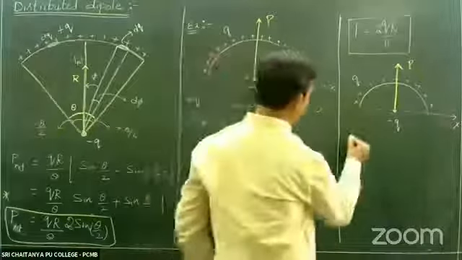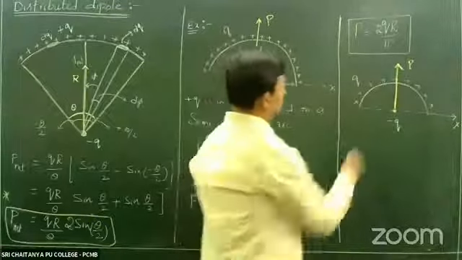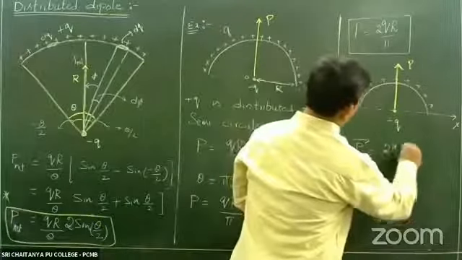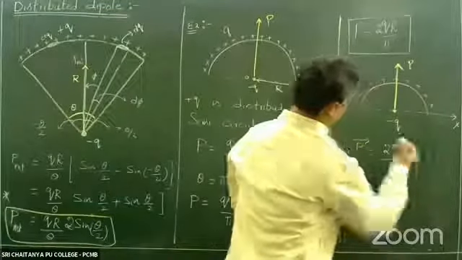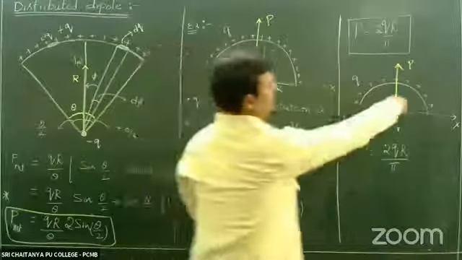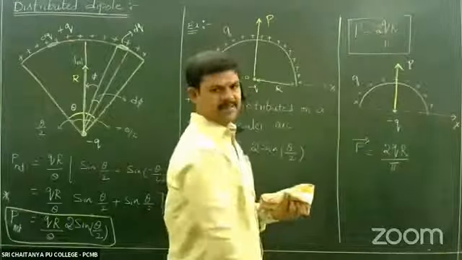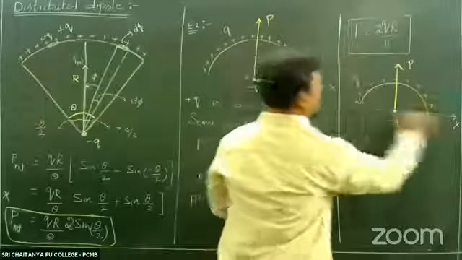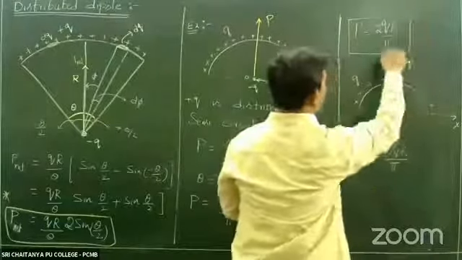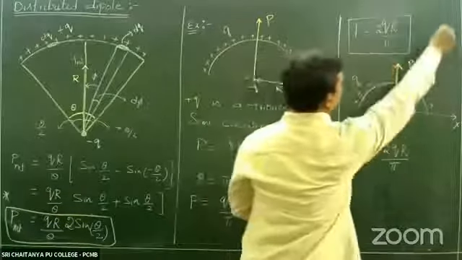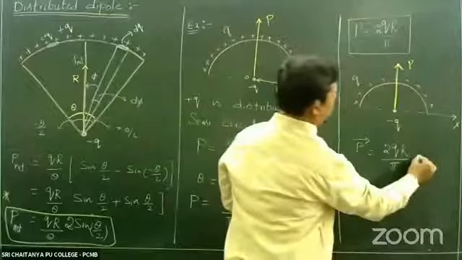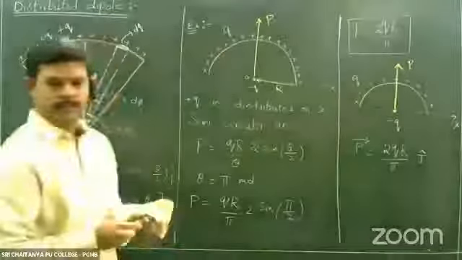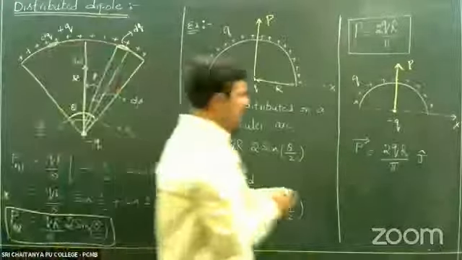So how can we write it in vector form? 2qr by pi along positive y-axis. If you take this as x and this axis as y, it is along the positive y-axis, right? Positive y-axis means j cap. Like this you can write it in vector form.